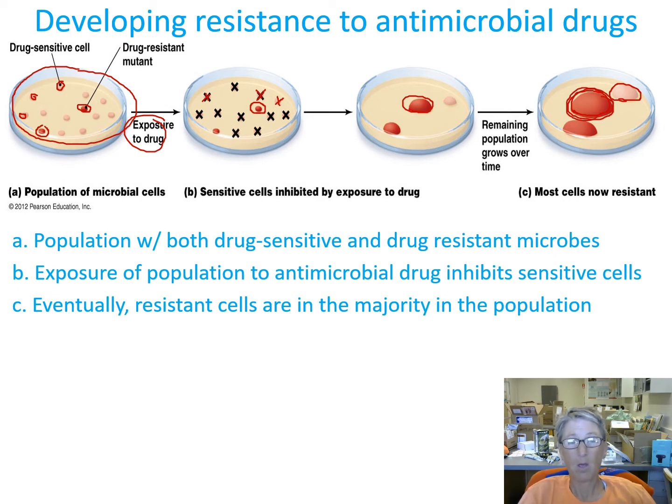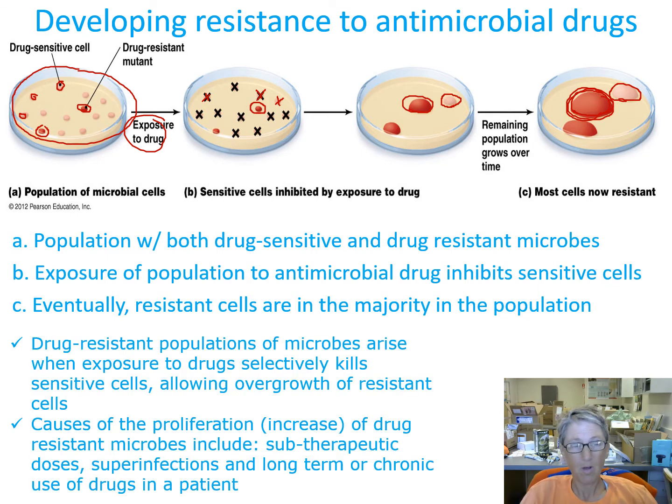So I guess maybe your drug of interest doesn't kill even these drug-sensitive cells, so they must be partially drug resistant, or they wouldn't survive. When you selectively kill sensitive cells and allow the resistant cells to grow, you get these drug-resistant populations.